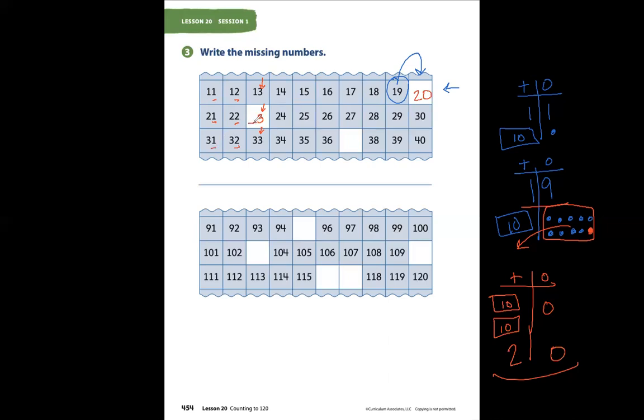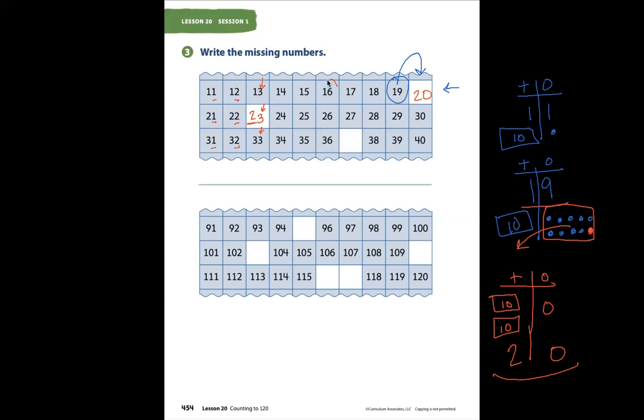But there's still a number here. This is 1, 2, 3. 21, 22, 23, 24, 25, 26, 27, 28, 29, 30, 31, 32, 33, 34, 35, 36.